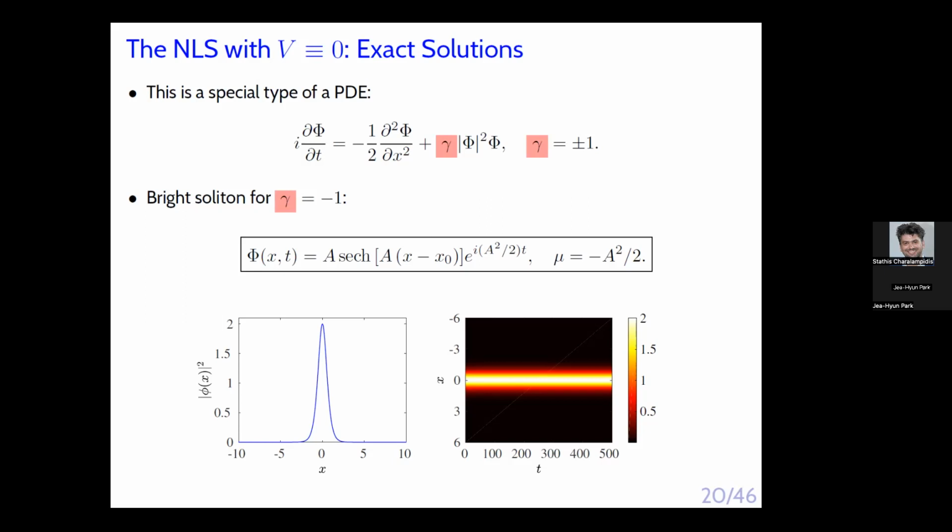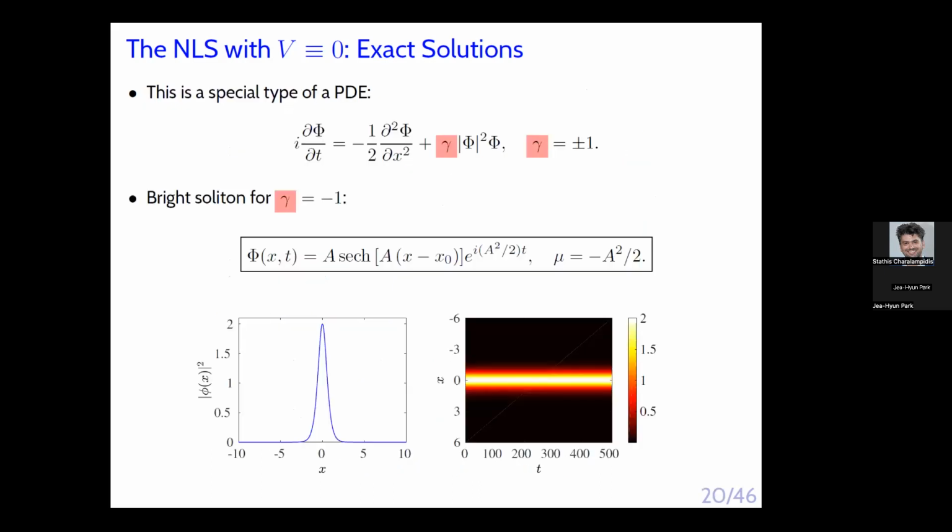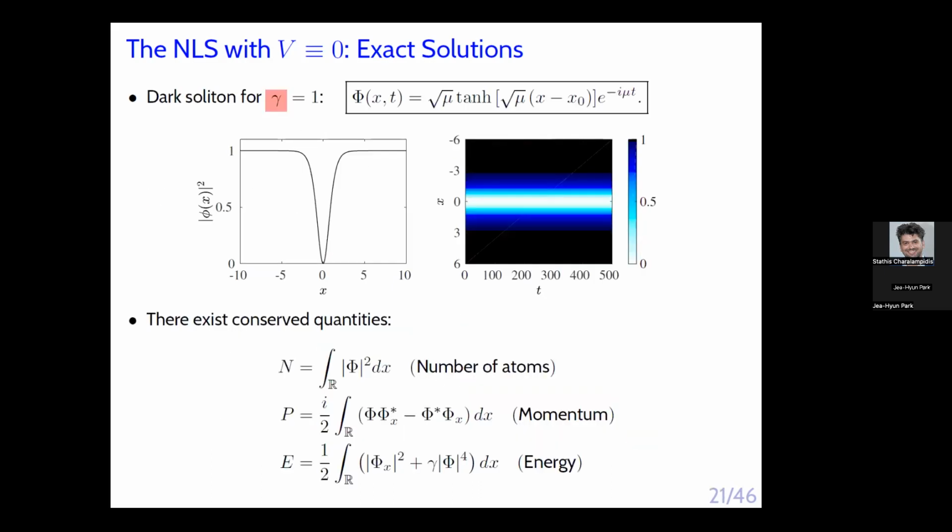On the other hand, when gamma equals +1, for the defocusing NLS in 1D with no potential, there is another explicit solution that can be found. Actually, both of them can be found either by using integrable system techniques, the inverse scattering transform, if you're interested, or direct methods like Hirota's method, and so on. The other solution, for gamma equals +1, is in the form of a hyperbolic tangent.